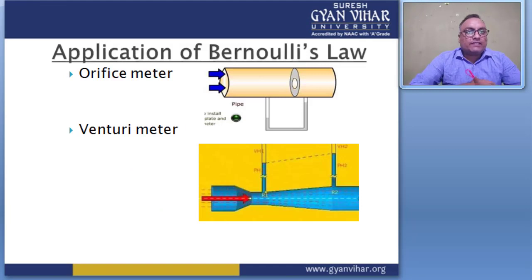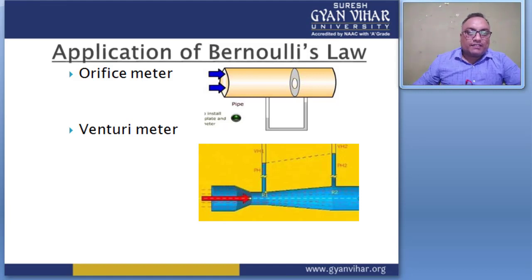And here are applications of Bernoulli's law. These applications are related to flow measuring devices. First is the orifice meter and second is the venturi meter. The venturi meter is a type of flow meter that works on the principle of Bernoulli's equation, and this device is widely used in water, chemical, pharmaceutical, and oil and gas industries to measure the flow rate of the fluid inside a pipe.